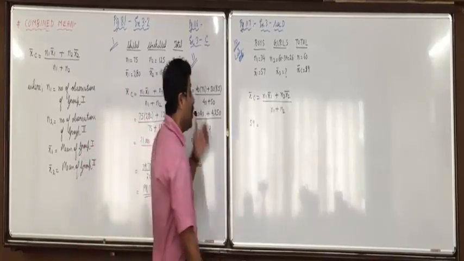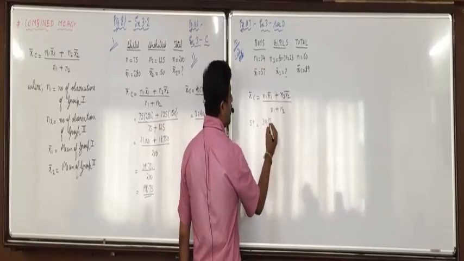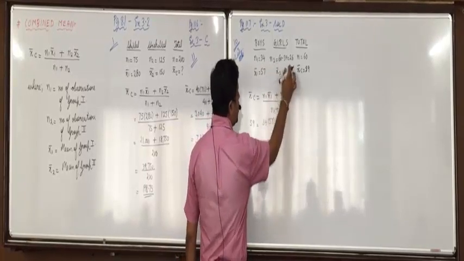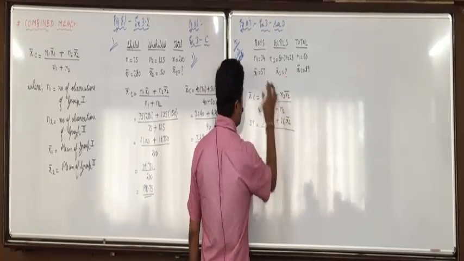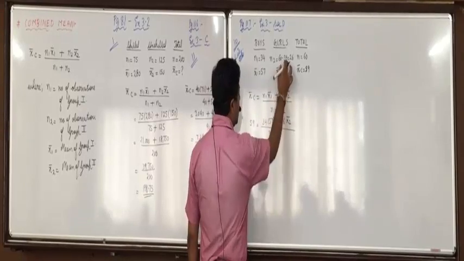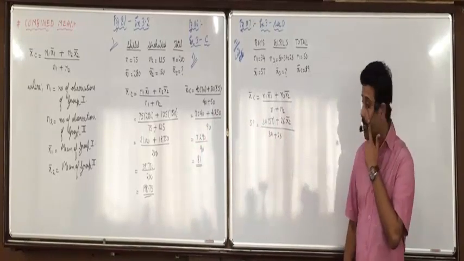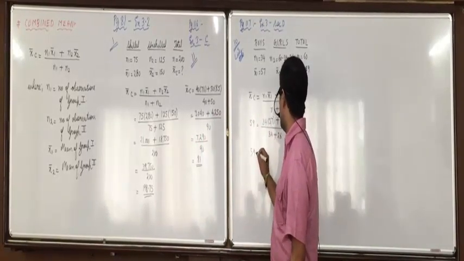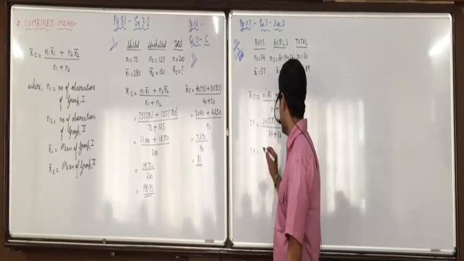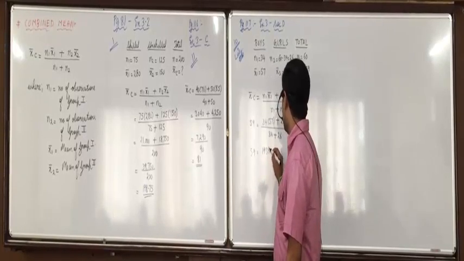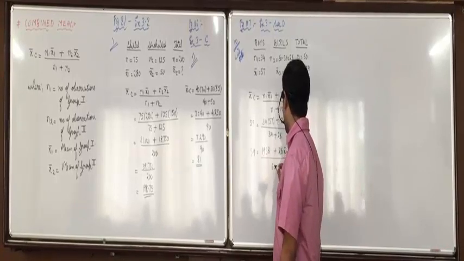N1 is 34, X1 bar is 57, plus N2 26, X2 bar is missing, that is what we have to find, upon N1 34 plus N2 26, or you can directly write it as 60. Got it everyone? Now 59 is equal to 34 into 57, which is 1938, plus 26 X2 bar upon 60.